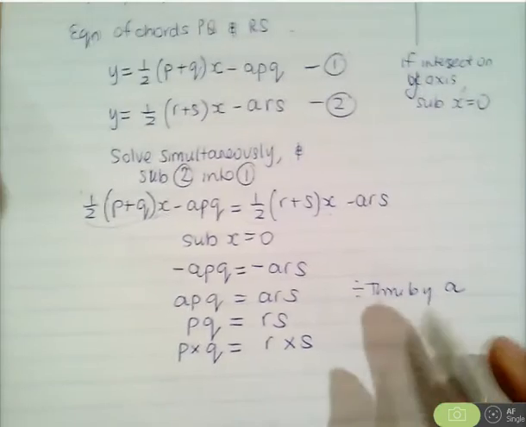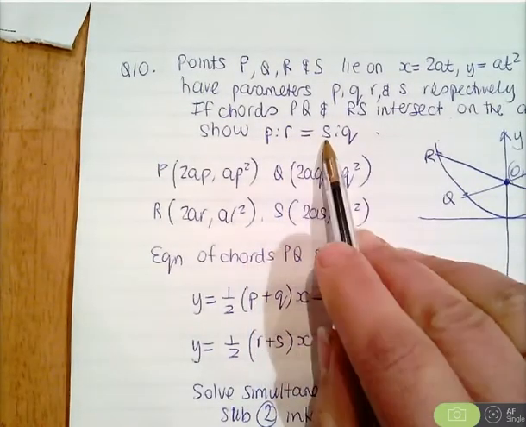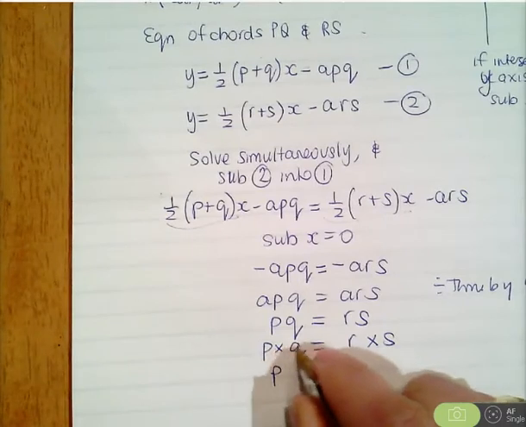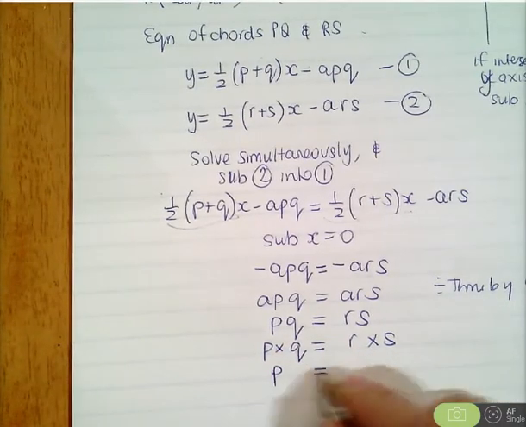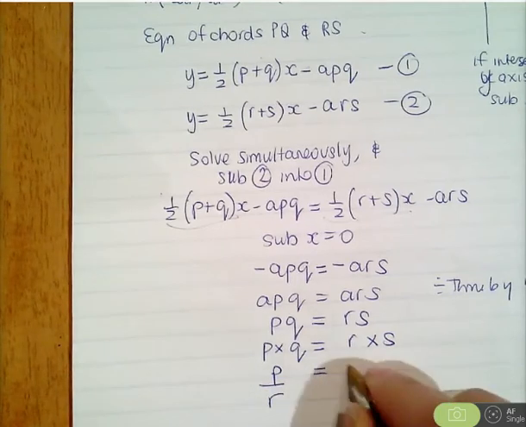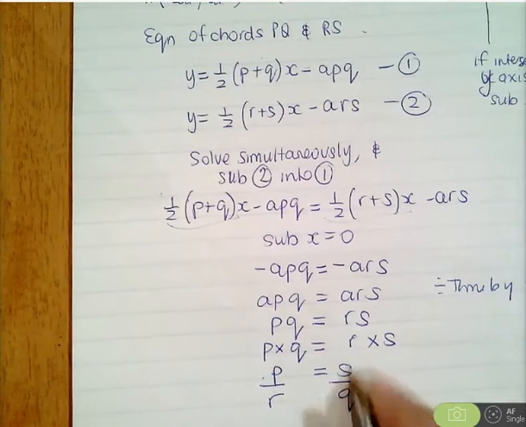Now you just have to show that the ratio of p to r is equal to s to q. Let's keep the p here. Instead of times q here, we're going to divide by q. We're just rearranging this. So we get that p over r, so the r is going to go down there and the q is going to go down there, is s over q.